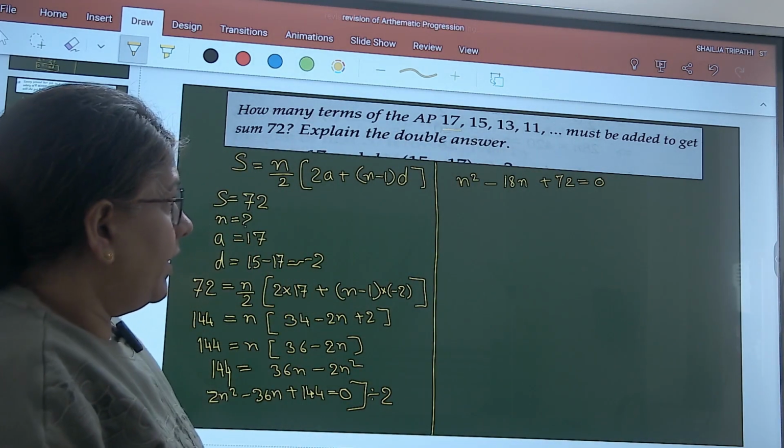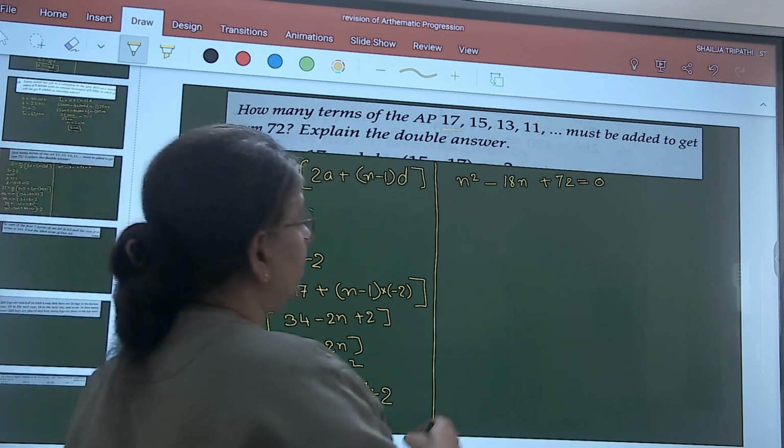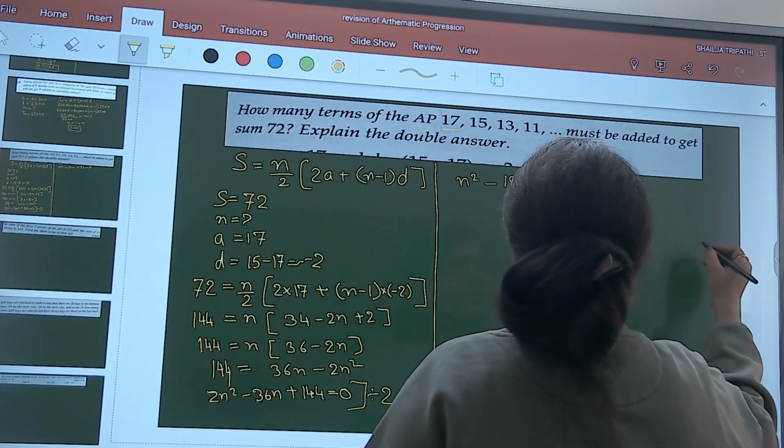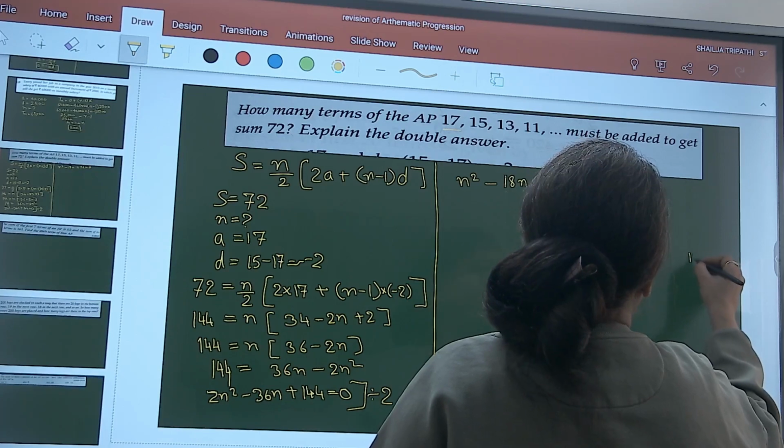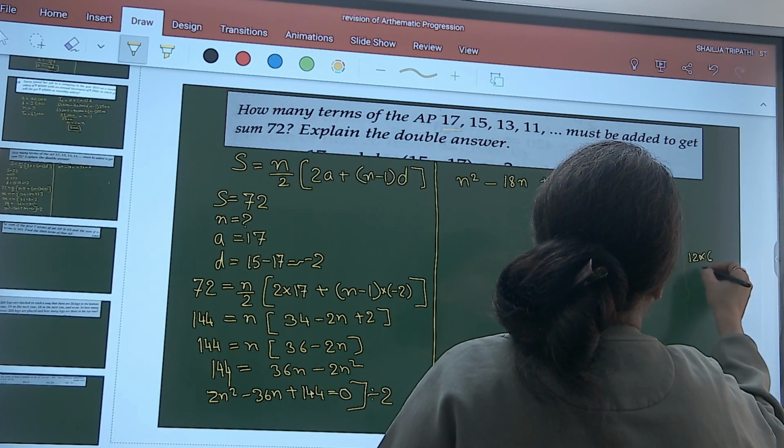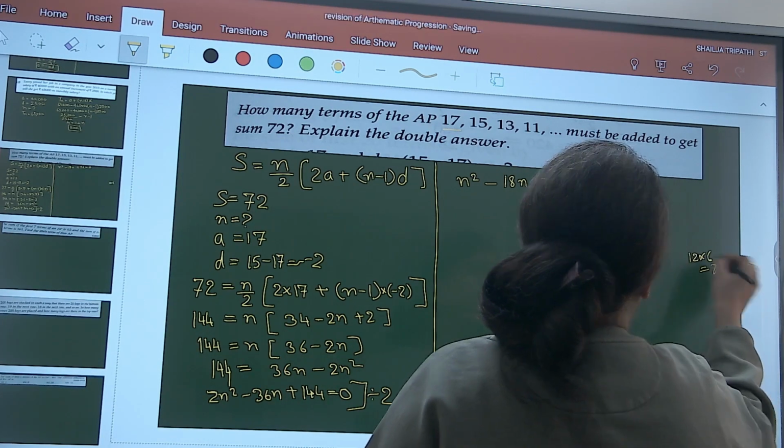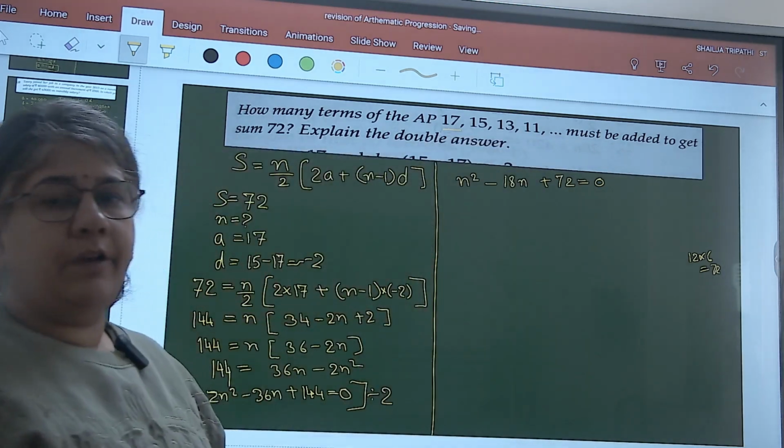Let's factorize 72: 12 into 6 is 72 and 12 plus 6 will give you 18.